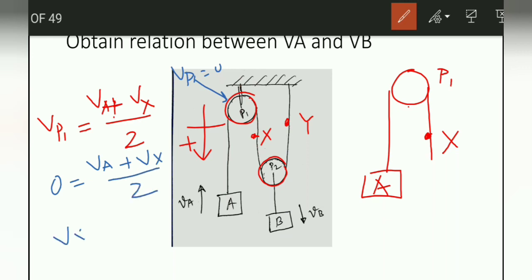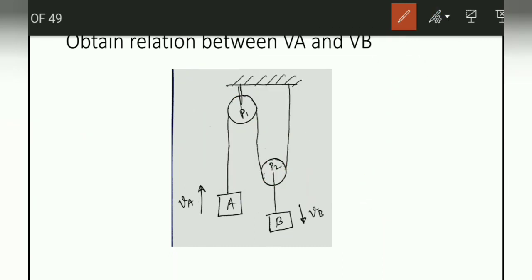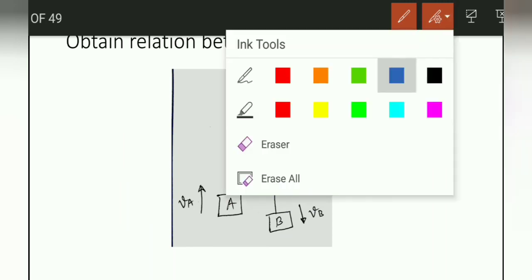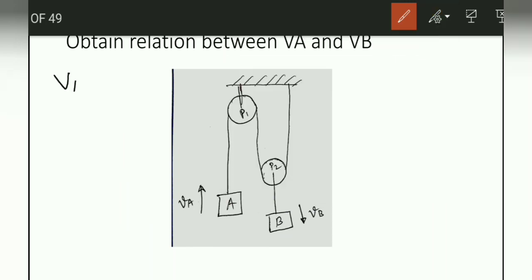So Vx is equal to minus Va. Now let's erase this. We got Va is equal to minus Vx. This is what we'll need later.